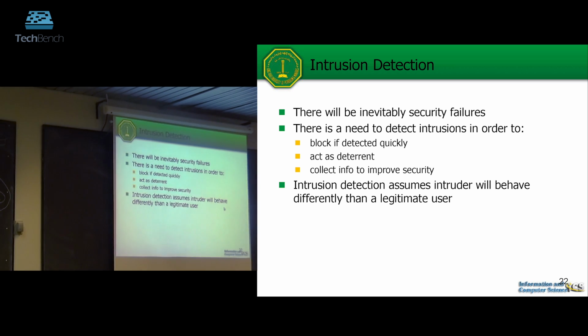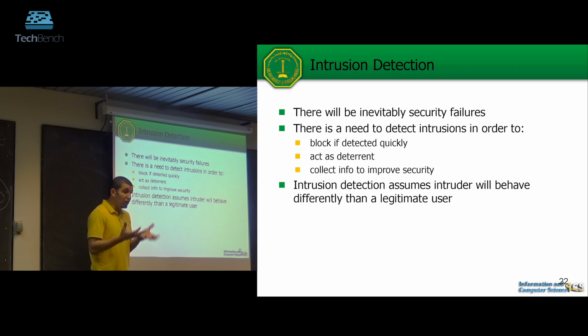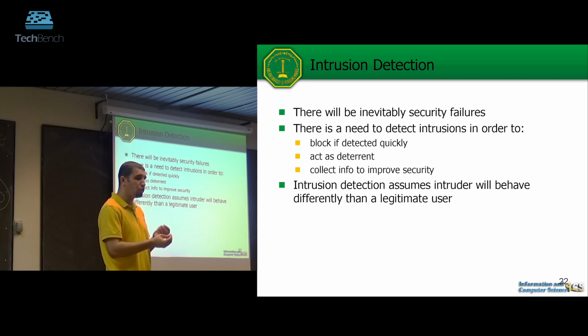Now, intrusion detection. How all this can be detected on network types of attacks. There will inevitably be security failures, and there is a need to detect intrusions in order to block them afterwards. So detection should be implemented. If you have a network, you need a mechanism to detect intrusion.